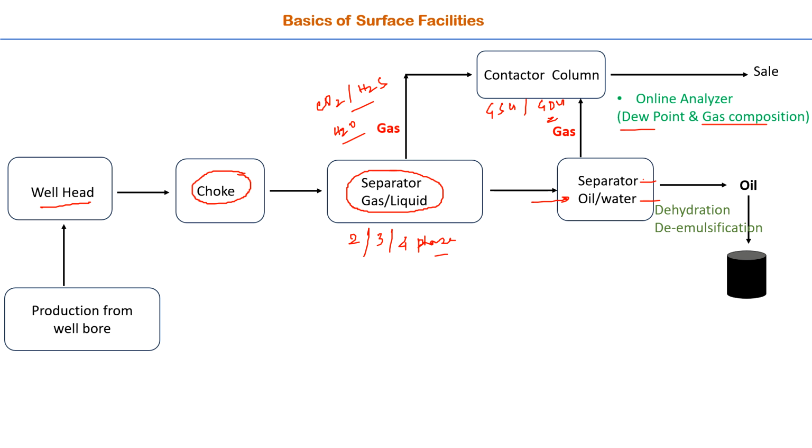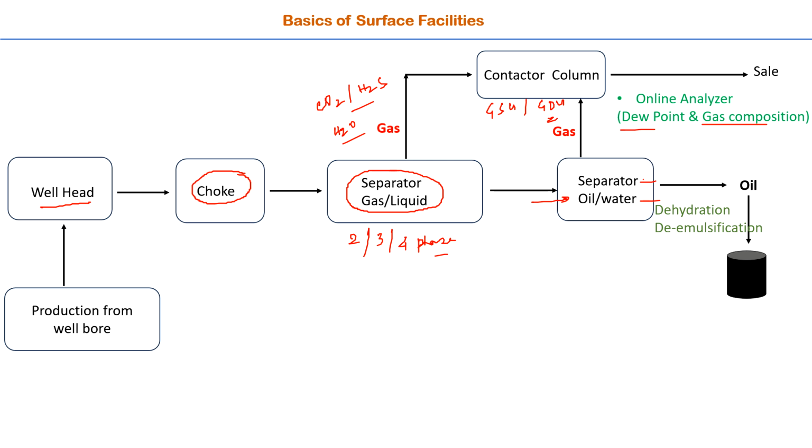Now before sending this oil to the storage tank, some treatment is required, as the oil contains some moisture. So by electrostatic coalescer, we have to fix the water limit.